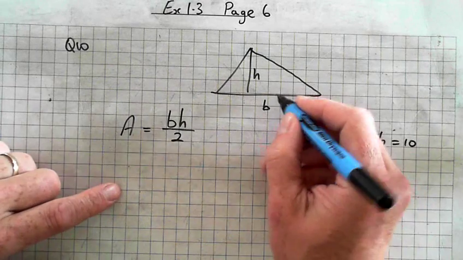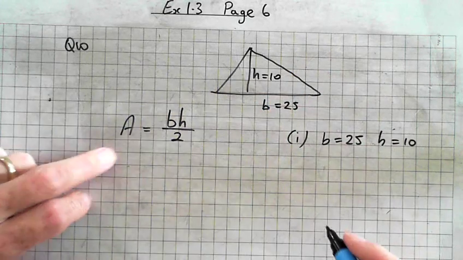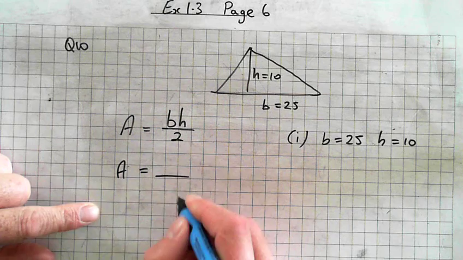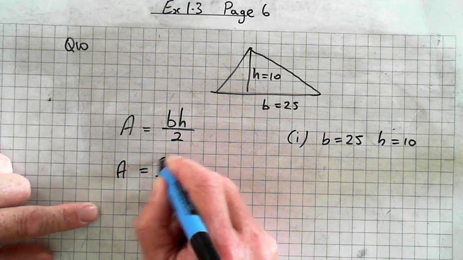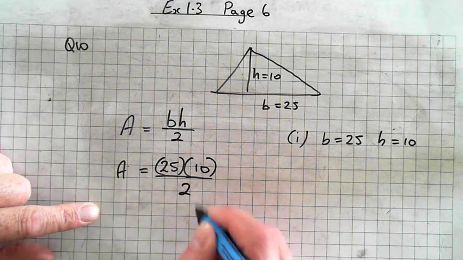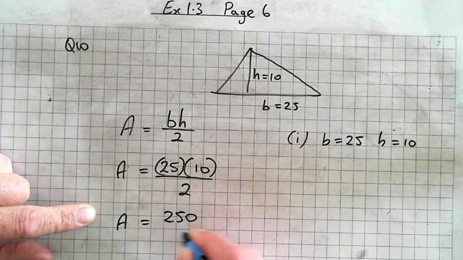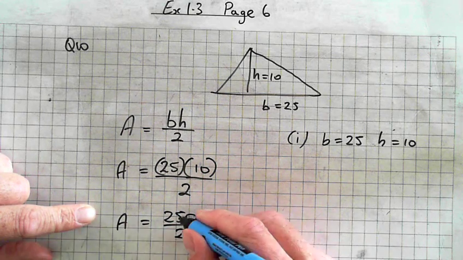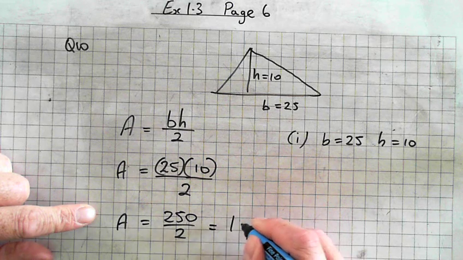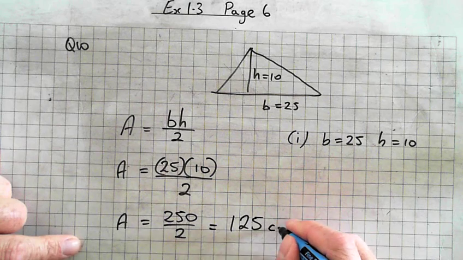Find the area of this triangle now. So A is equal to b, 25, times h, 10, over 2. 25 times 10 is 250 divided by 2. So half of that is 125 centimeters squared, its area.